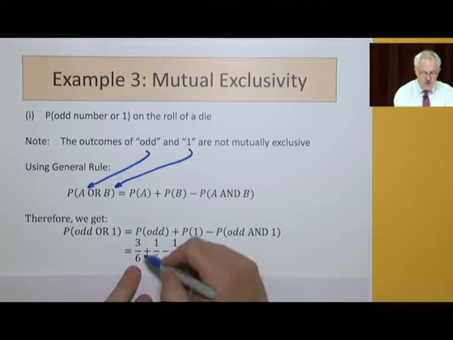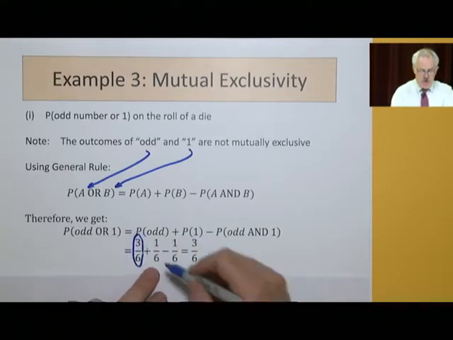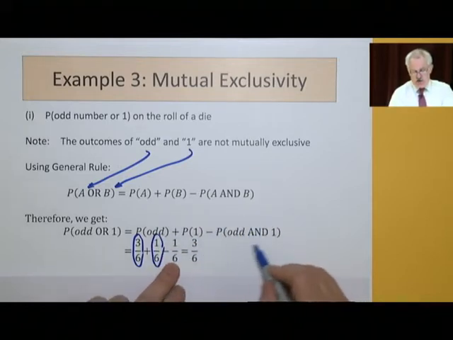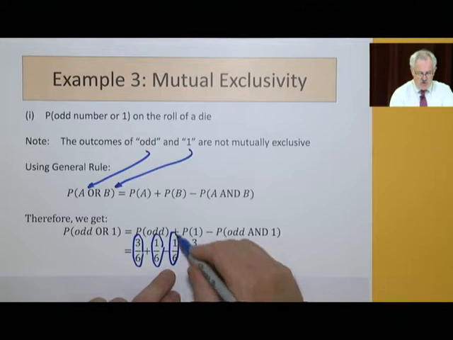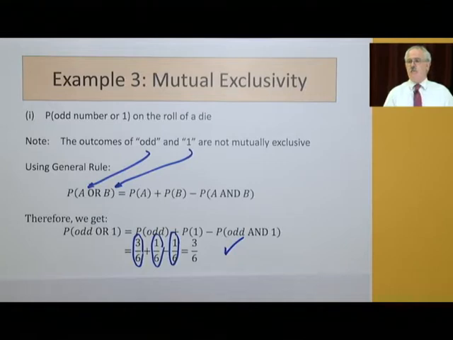There are 3 ways in which a number can be odd, 1 way in which it can be 1, and 1 way in which it can be odd and 1. So 3 over 6 plus 1 over 6 minus 1 over 6 is 3 over 6. So that's why the formula works there as well.